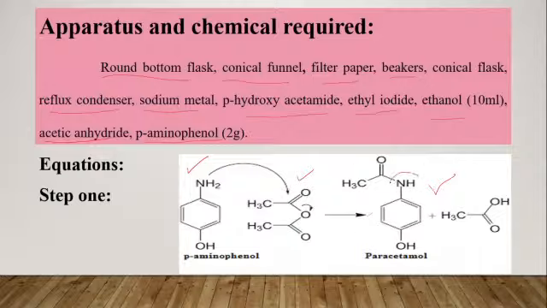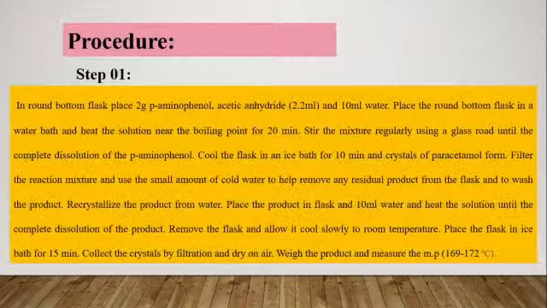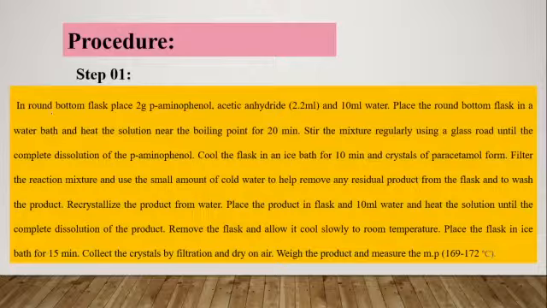So the NH2 group is changed into an amide group. How will we get paracetamol? First step, we took a round bottom flask and placed 2 grams of aminophenol, acetic anhydride and then water in it.